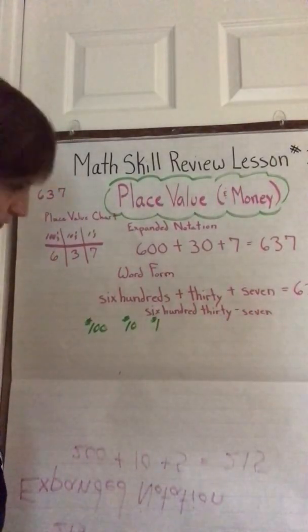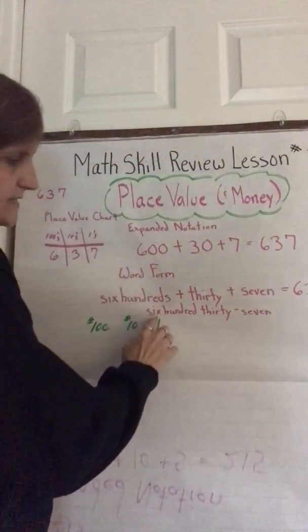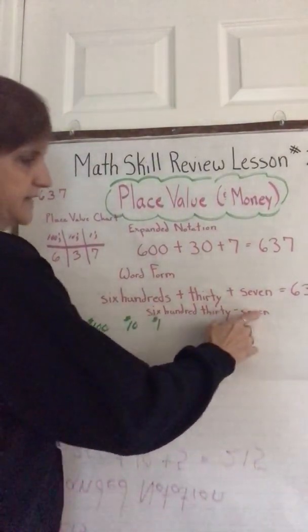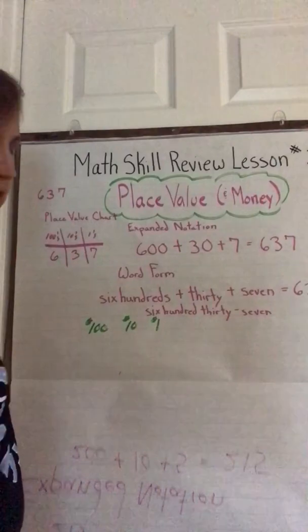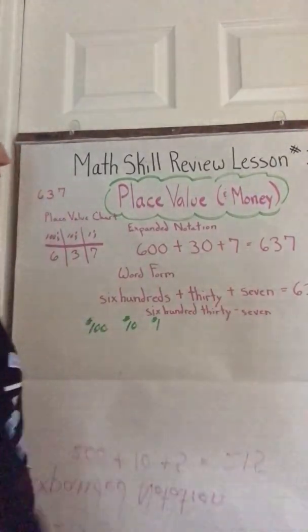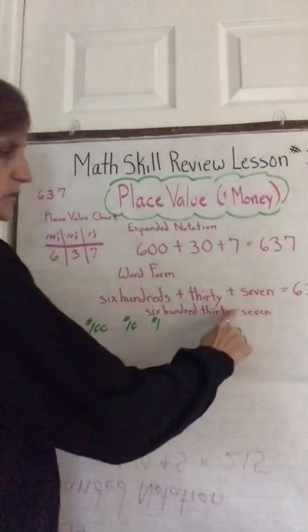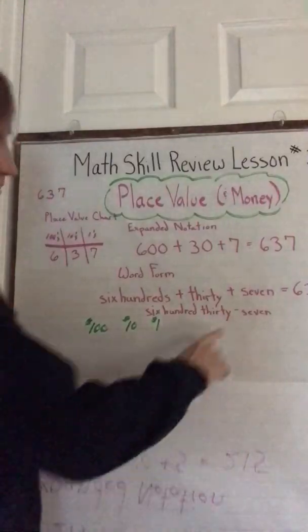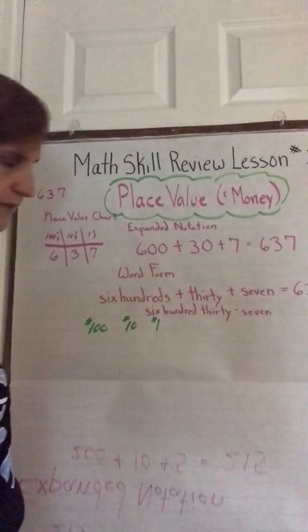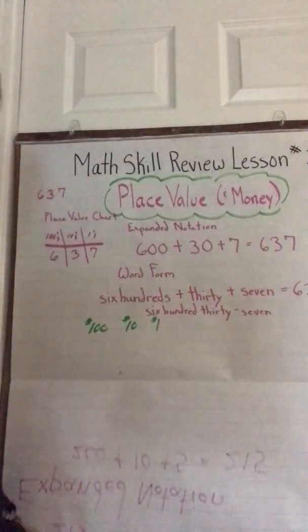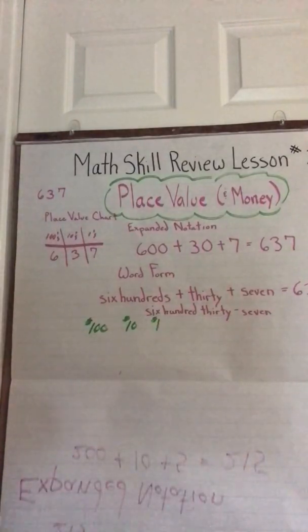If I write that out, it looks like this, okay? When you're writing the double-digit numbers, for most of them, you put a dash between them. That's why there's a dash between the 30 and the 7. We'll worry more about that later than right now.